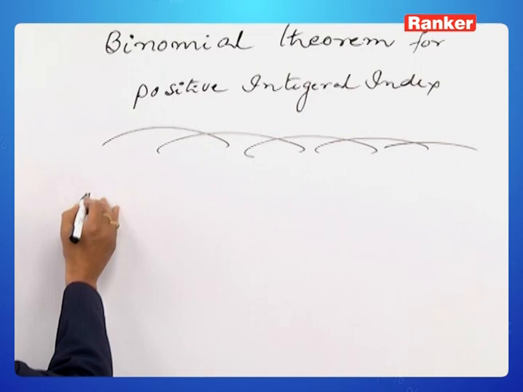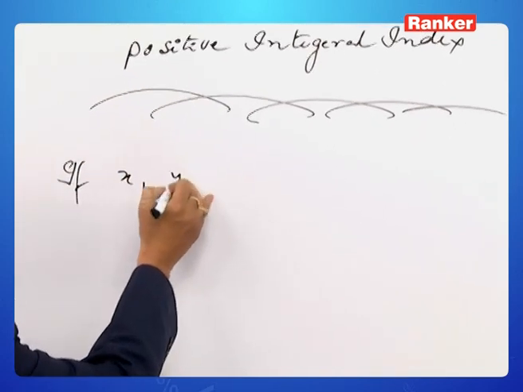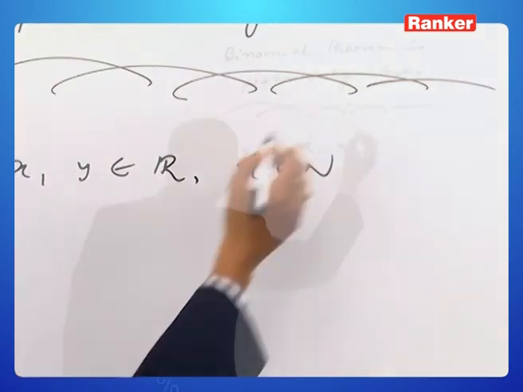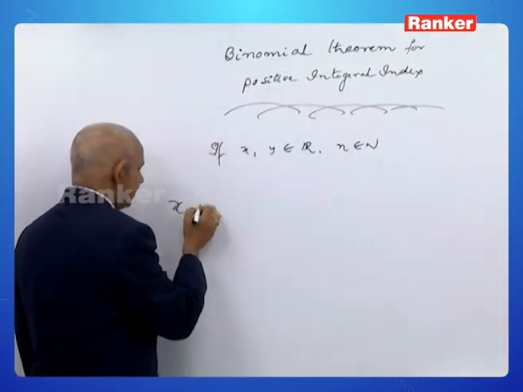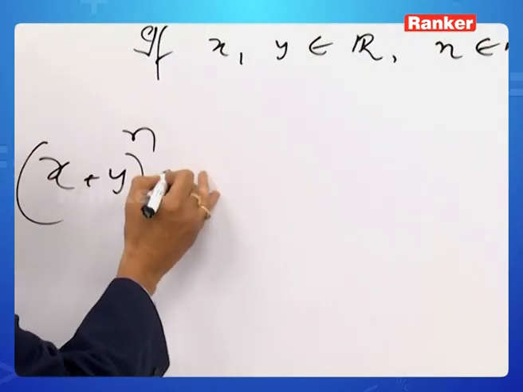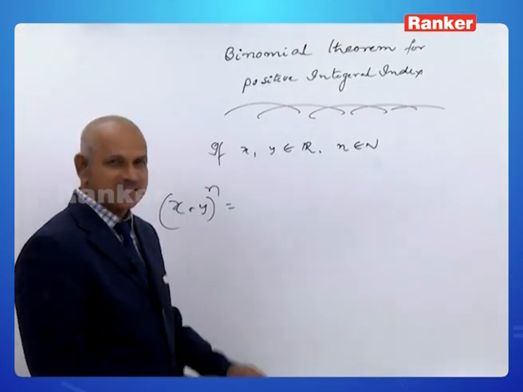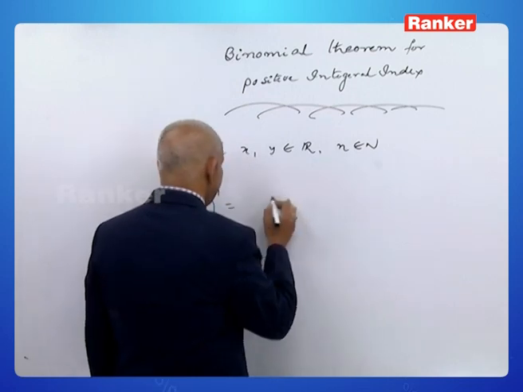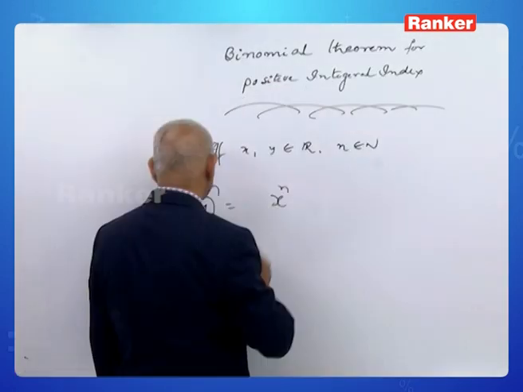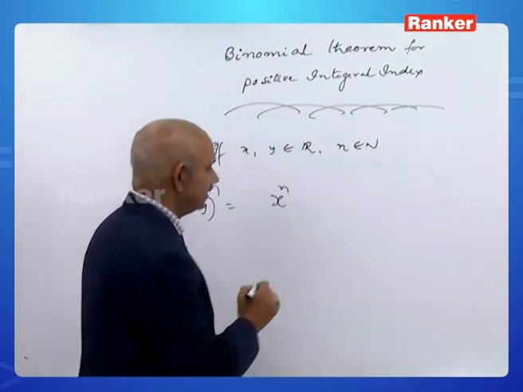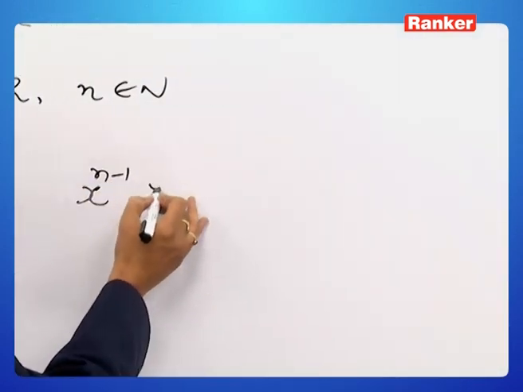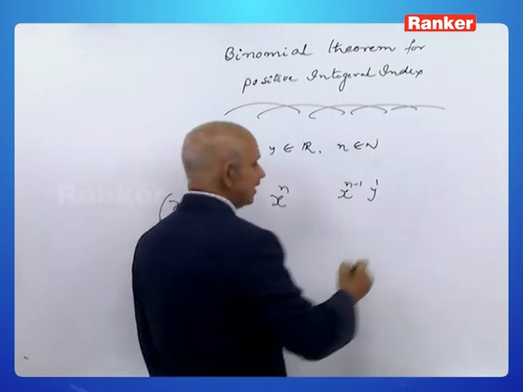If x, y belong to R and n belongs to N, x plus y whole to the power of n is given by the following. Please observe the style of obtaining it. The full exponent n is given to x first of all, and then 1 is reduced and given to y.